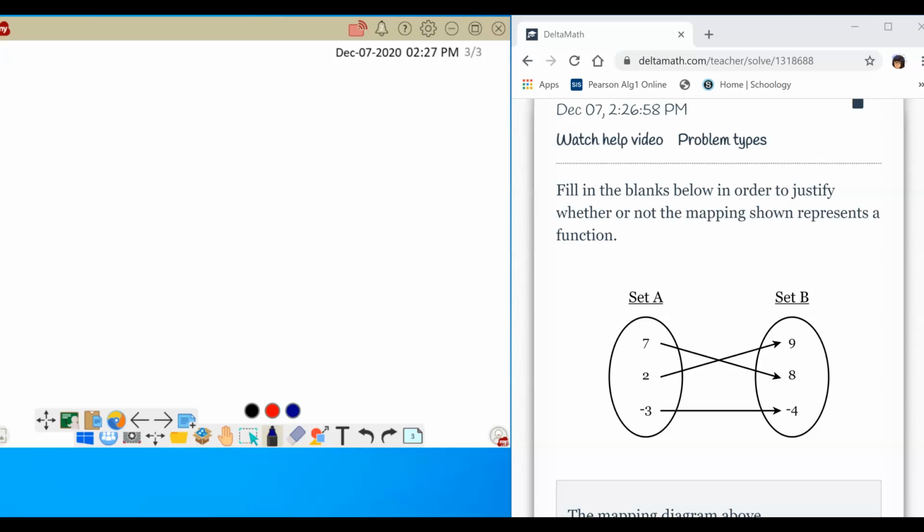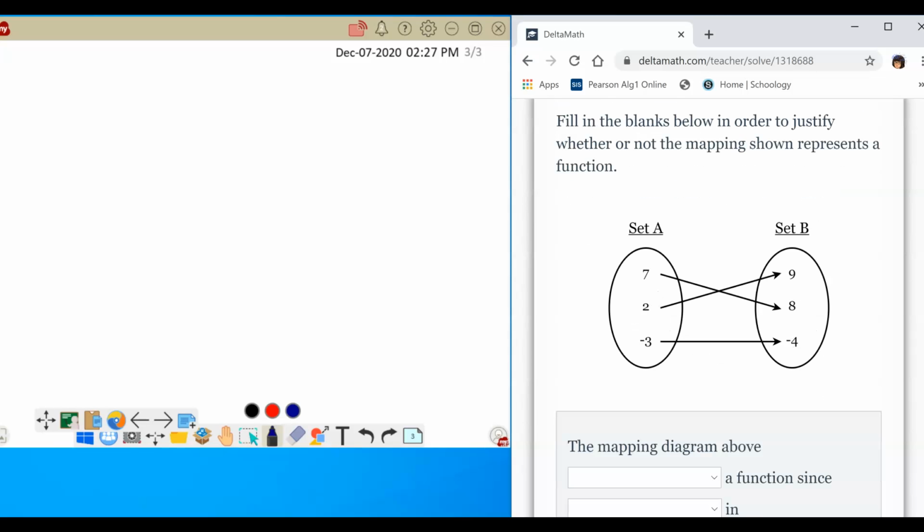You can see we have set A, which are the inputs, and set B, which are the outputs. And you can see that every input knows where it wants to go. It only has one output. 2 goes to 9, -3 maps to -4, and 7 maps to 8.